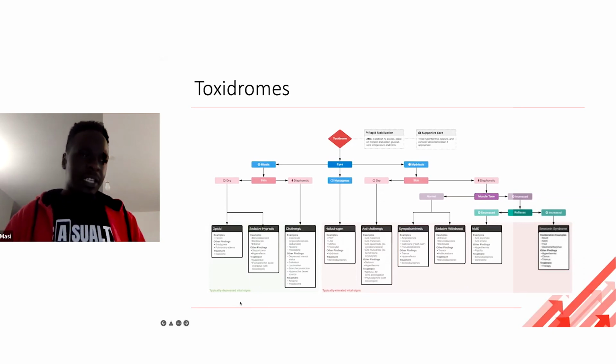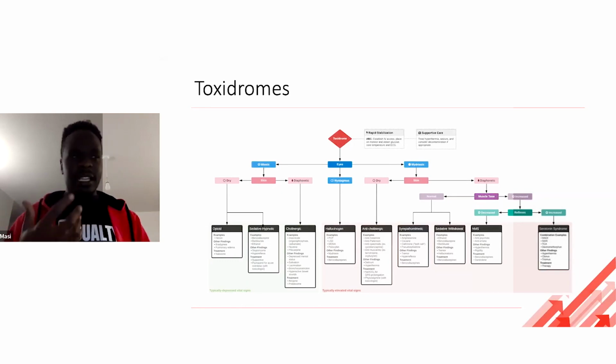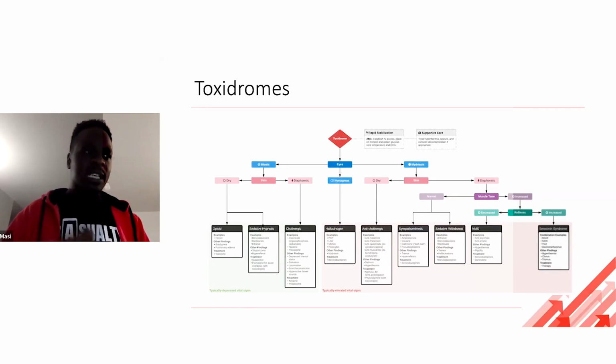I think that is something that you need to know. So a patient who comes with depressed vital signs, think your opioids, as Gina mentioned, think your sedative hypnotics, think your cholinergics. Now, a patient who comes with elevated vital signs, think your hallucinogens, think your anticholinergics, sympathomimetics. You could also think of a sedative withdrawal, or you can think of neuroleptic malignant syndrome and serotonin syndrome.